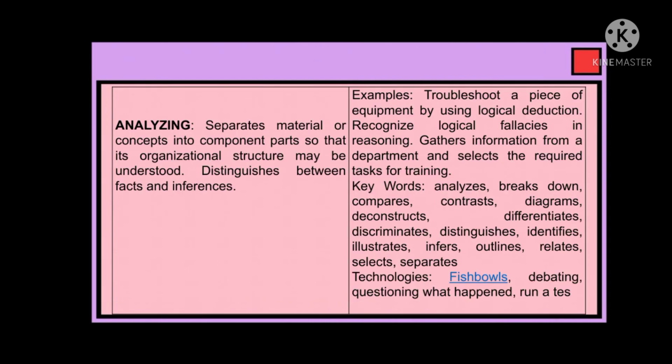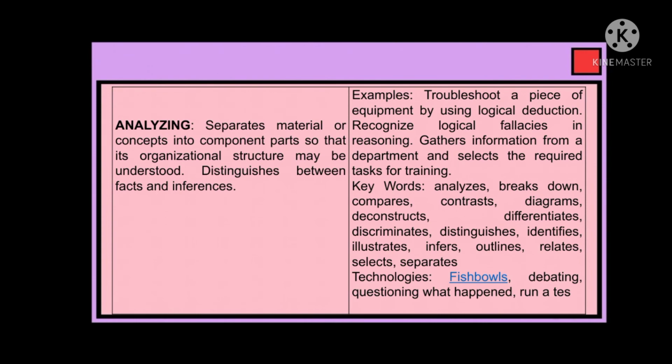The fourth one is analyzing. It is about separating materials or concepts into component parts so that its organizational structure may be understood. Distinguishes between facts and inferences. For examples, troubleshoot a piece of equipment by using logical deduction, or recognize logical fallacies in reasoning, gathers information from a department, and selects the required task for training.